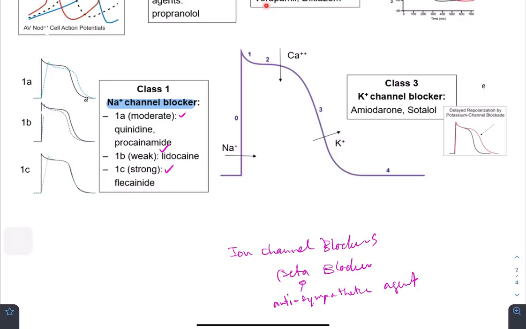And you can see slightly on the left side how this graph is. It affects this stage. This stage, if you remember, is called phase 0. That's where the sodium rushes in through the fast channel. You see how strong the effect of 1C is versus the rest of it, when it changes, or should I say lowers the membrane potential quite strongly.